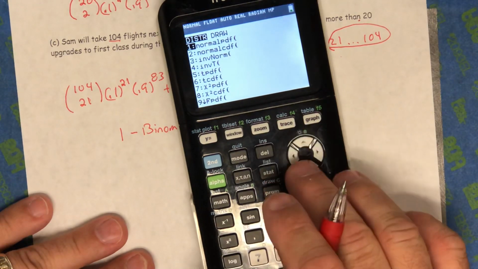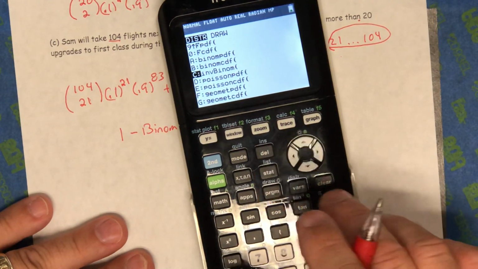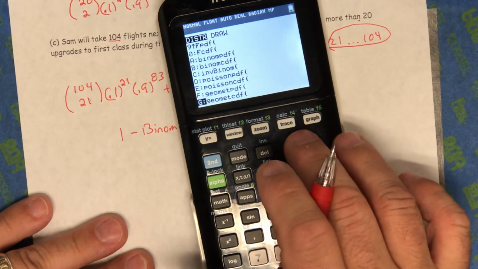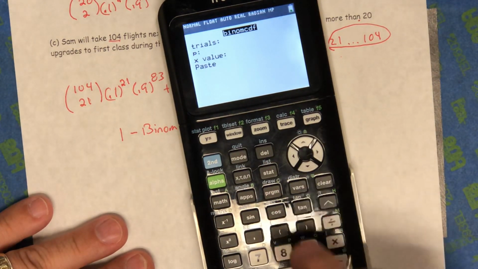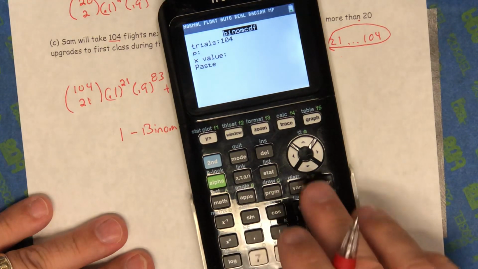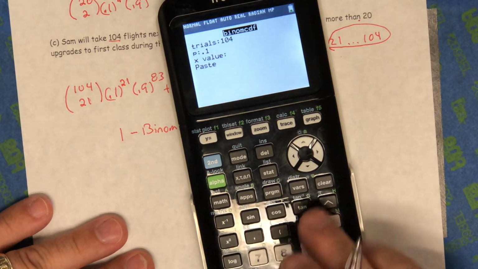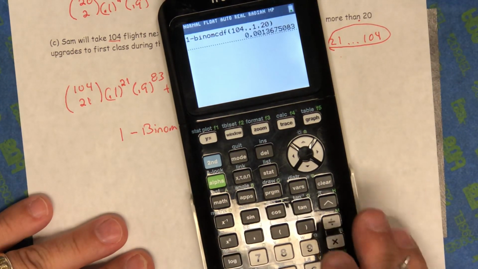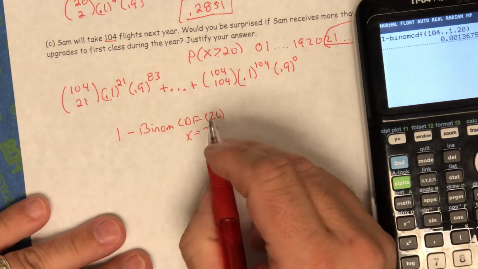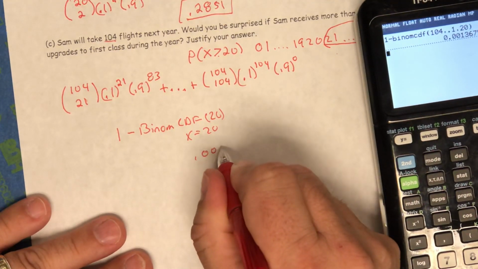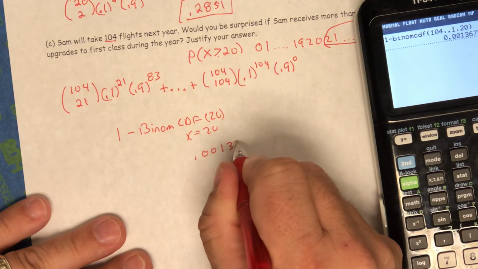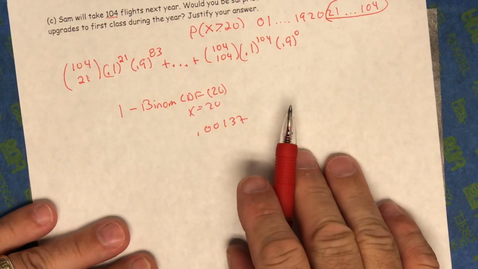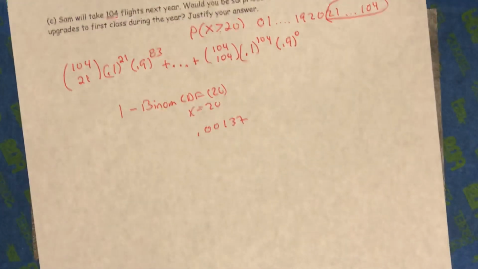Second vars, 1 minus second vars, binomial CDF, trials is 104, P is 0.1, X is 20. And that equals 0.00137.